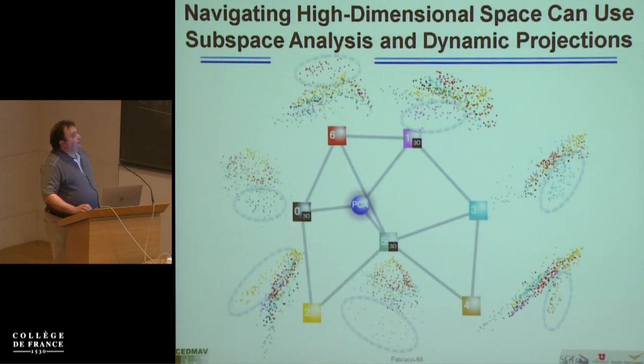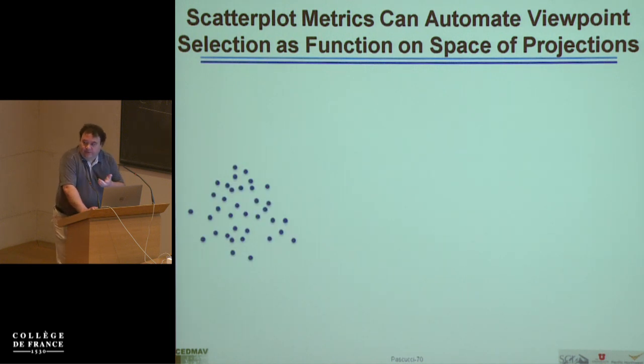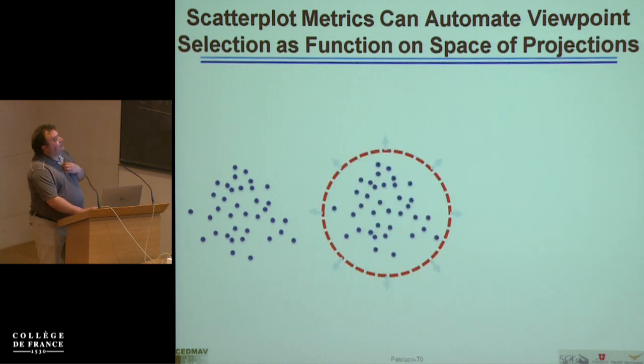In general, here you start thinking of sampling the space in terms of space of views into the data. Now, if we want to do this more automatically, how can we start thinking of scoring a good view from a bad view?